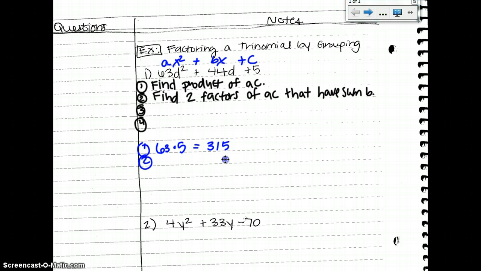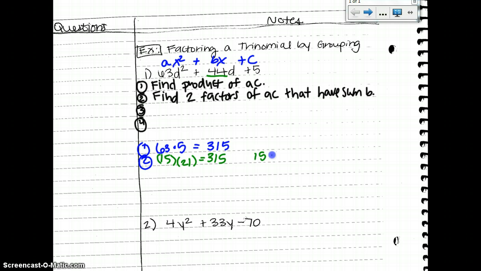Okay, it looks like we need to find two factors of 315, and we have to have a sum of 44. We are going to try a couple different things. Let's go ahead and try 15 times 21. That product is 315.